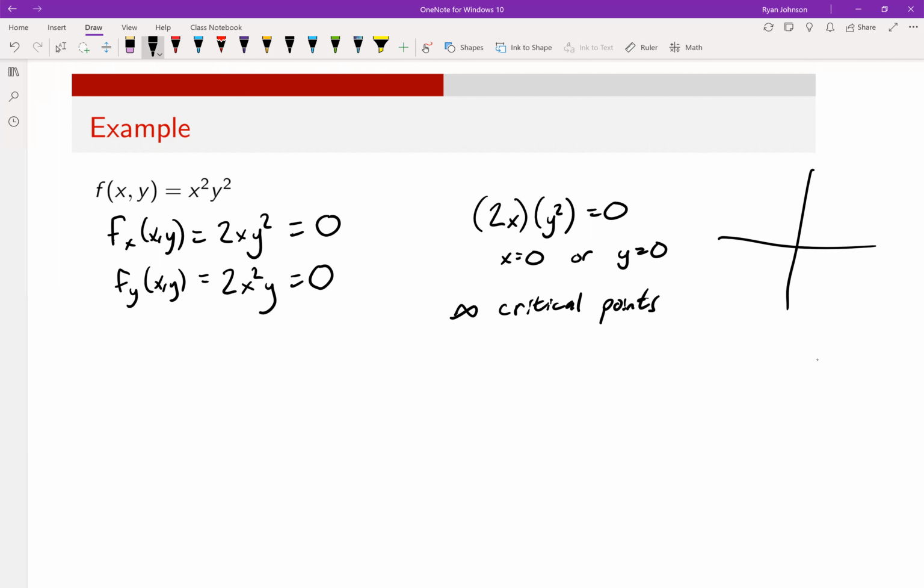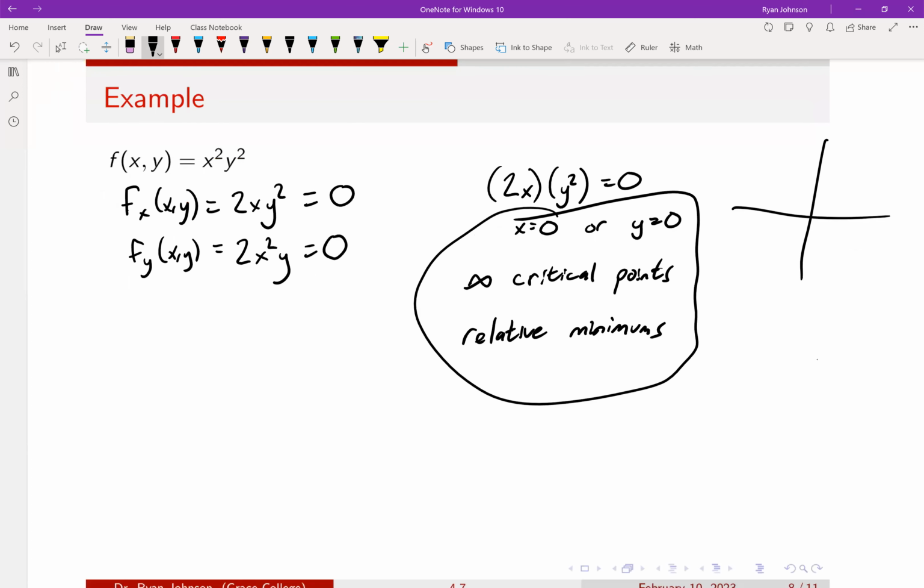So these are kind of relative maximums, sorry, relative minimums. Because any non-zero numbers you plug in will give you a positive number, whereas plugging in either of them being 0 would give you the lowest number you can get, 0. So there you go. That's all you can do there.